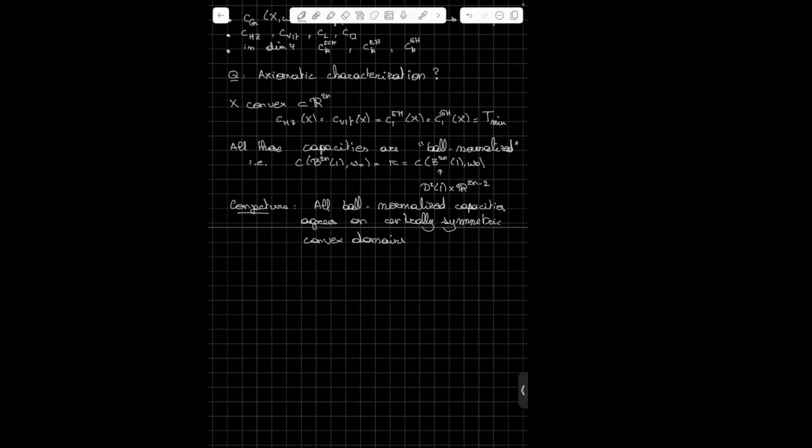And a very strong motivation for such a conjecture is a result by Yaron and Arstein-Avidan, that this would imply an old conjecture by Mahler. Mahler conjecture is in convex geometry.